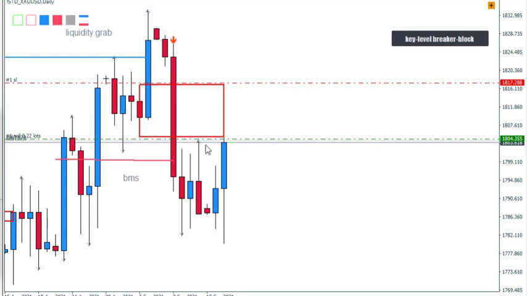Price has come up and hit our breaker block, triggering our sell limit. Now let's see how the market plays out.